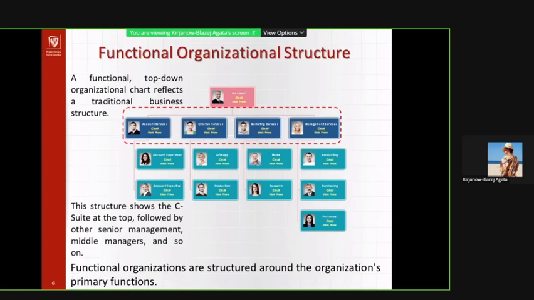The structure is divided into traditional departments like IT, marketing, finance, human resources, and operations based on everyone's functional role in the organization. In such an organizational structure, employees with a similar skill set and specialization are grouped together. However, they often suffer from lack of visibility and communication with other departments.